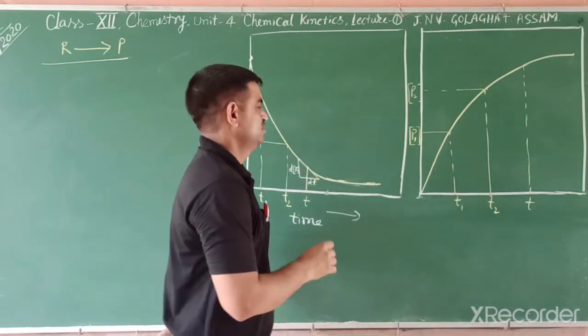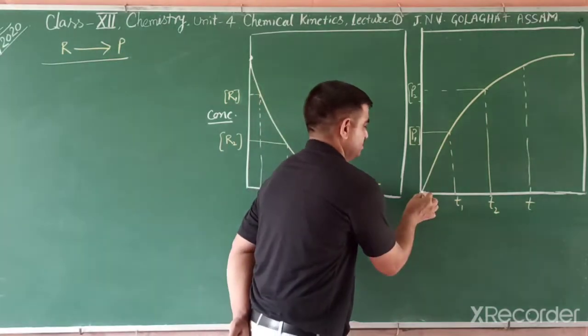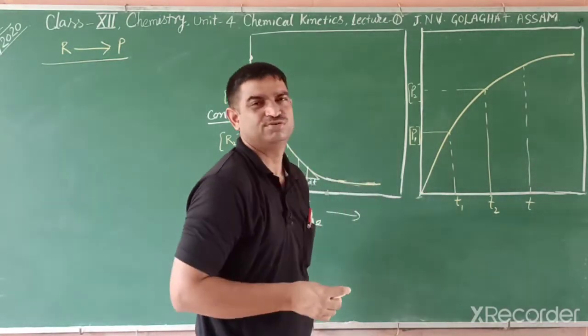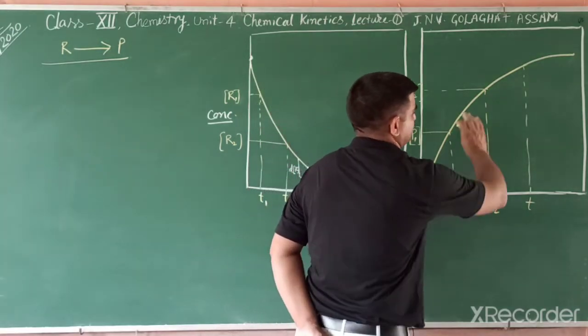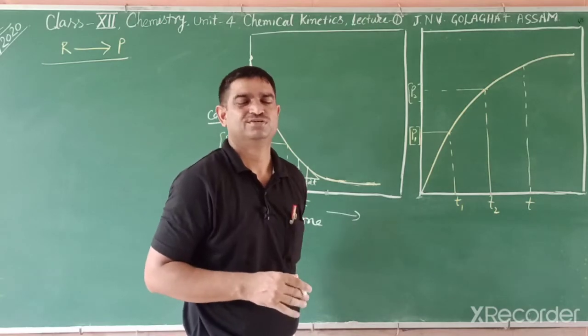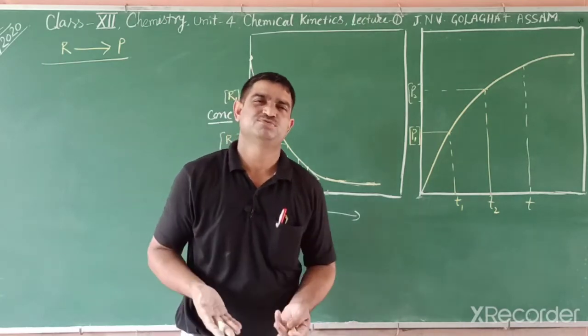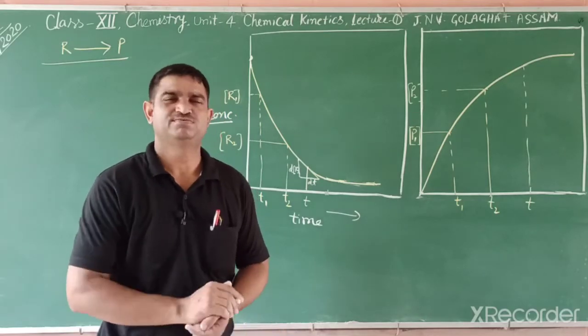In a similar way, at time 0, the concentration of product is 0 because the product has not formed. After some time its concentration increases. We know in a normal reaction, for example, if you start to make a building, to make a house, at first what do we make?